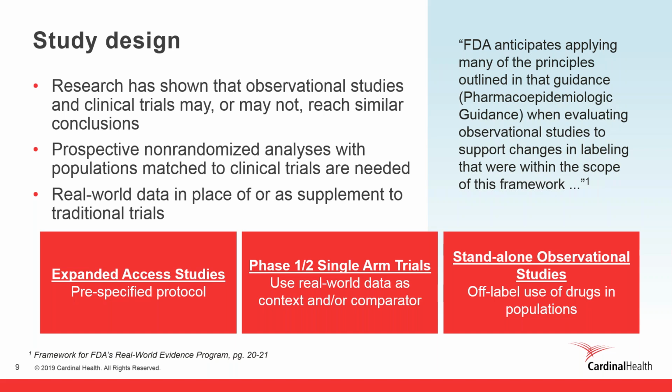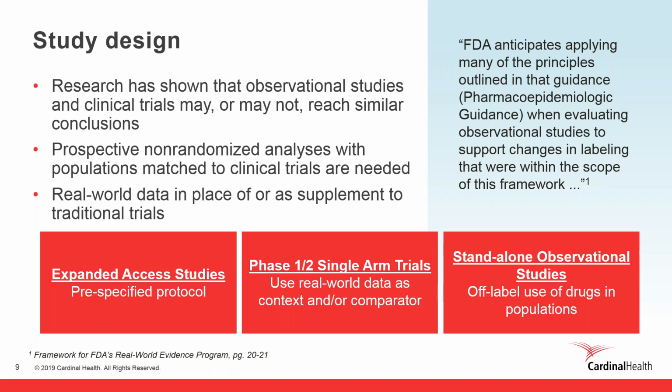We also have the setting of phase 1 and 2 single-arm trials. In this case, the data that might form the natural history cohort or be used in a comparison could come from a real-world comparator. And then we might have standalone observational studies, which many of us have probably participated in, where there is no trial and there is no comparison in that way.